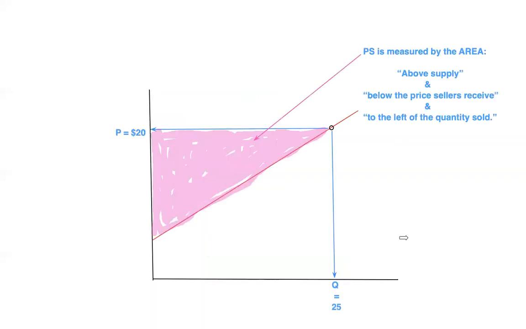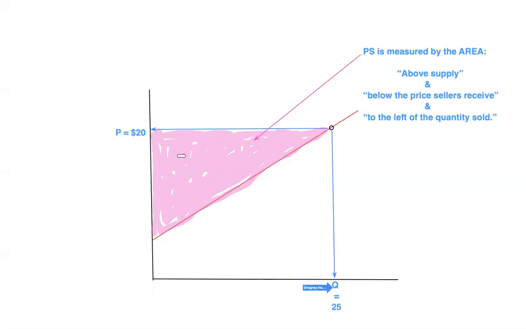Now, what about producer surplus? Well, producer surplus, there's a verbal definition for that too. It's also measured by an area, and it's the area above the supply curve, below the price that sellers receive, and to the left of the quantity sold.